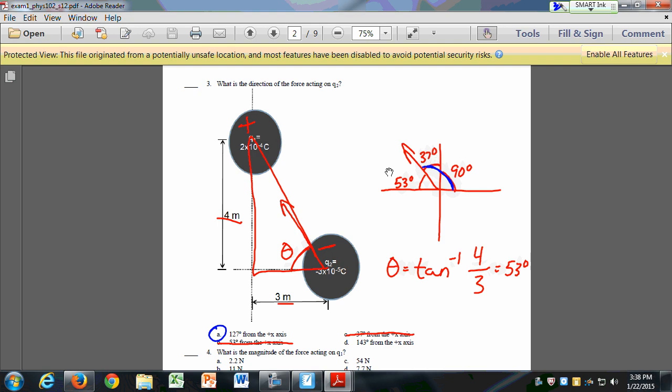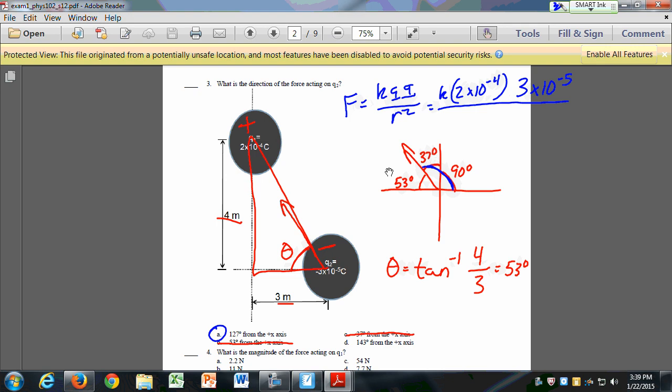The next question just asks, what is the magnitude? That's just applying Coulomb's law. F equals k q1 q2 over r squared. My charges are 2 times 10 to the minus 4 coulombs and 3 times 10 to the minus 5 coulombs, divided by r squared. What is the distance between the charges? It's a 3, 4, 5 triangle.